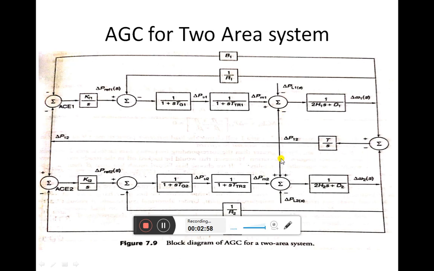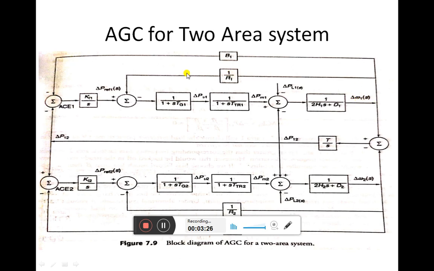For the state space model of the two area system, the important parameters we will be considering are these. First one is delta P reference for the first area, then delta PV1, delta PM1, these three parameters, and the fourth parameter in area 1 we will consider as delta omega 1.